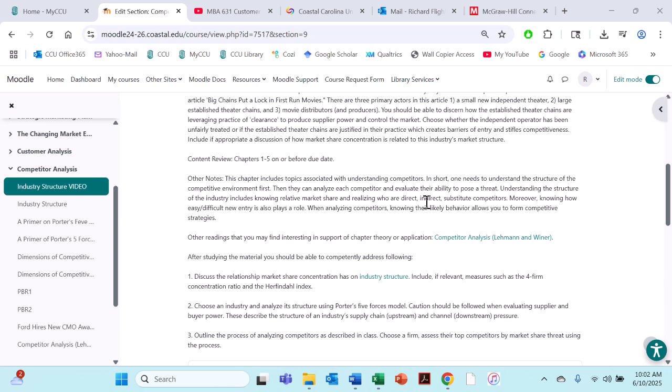And then finally, as you wrap up this module, think about these questions. Be able to discuss the relationship market share concentration has with industry structure. When we talk about concentration of market share, that's how we typically define industries as monopolies, oligopolies, pure competition, and that type of typology. When there's a strong concentration of share among just a few companies, that would be closer to a monopoly on that spectrum.